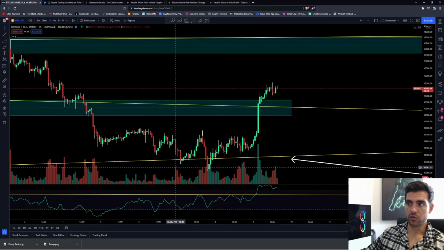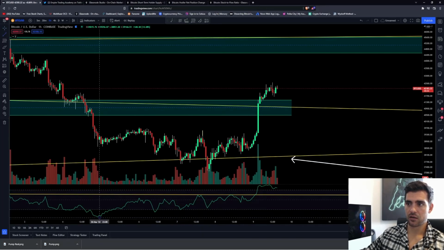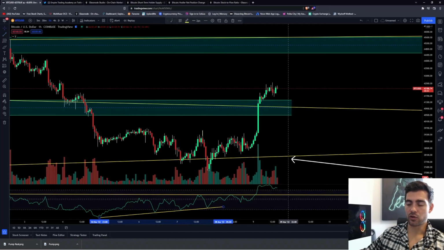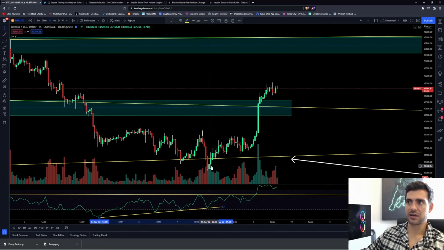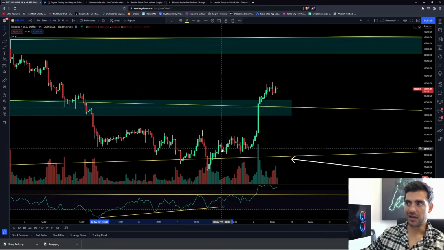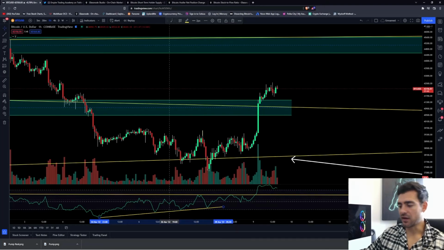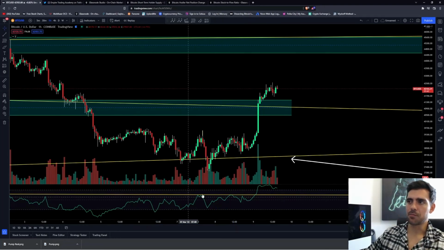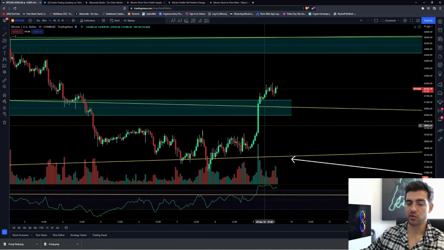We have a lower low, another lower low, and another lower low. However, on the RSI, we have all these higher lows, giving us an indication that, hey, this downward train is coming to a halt. The selling is weakening. And then we start to put in these higher highs. Okay, that's a big way that we determined, hey, this is probably our reversal point.